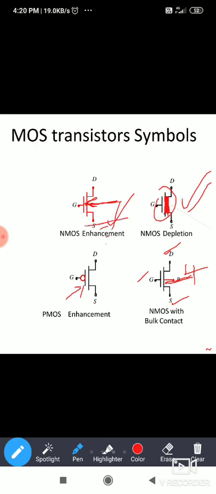But in PMOS, it is always connected to high voltage, VDD. In many textbooks, this terminal is not shown. That is called the bulk or substrate terminal.